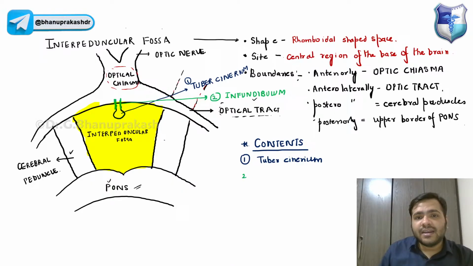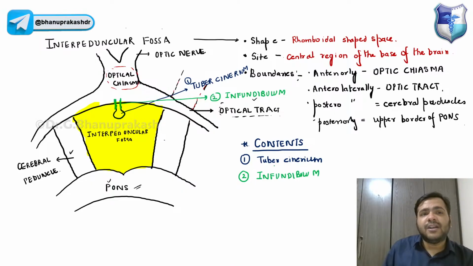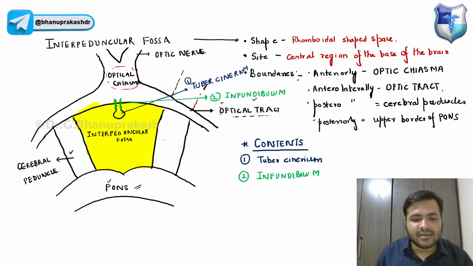So जो second content आपको देखने को मिलता है, that is infundibulum, right? So infundibulum क्या है, एक stalk है, ठीक है, एक tube जैसा है जो connect करता है tuber cinereum को किससे, pituitary gland से, right?